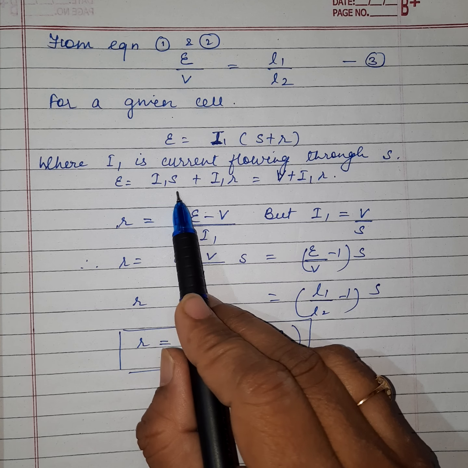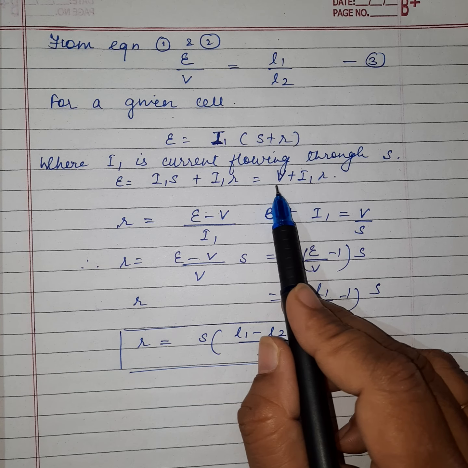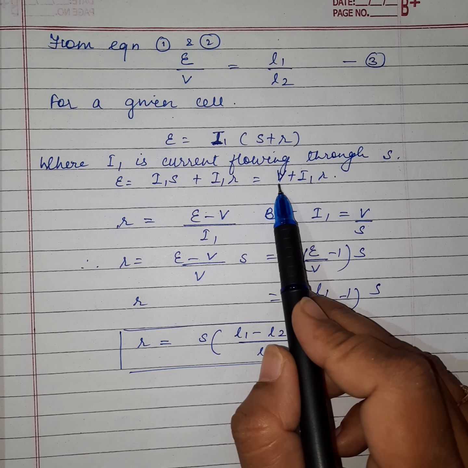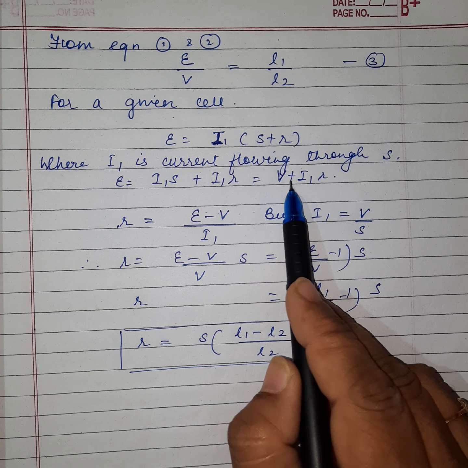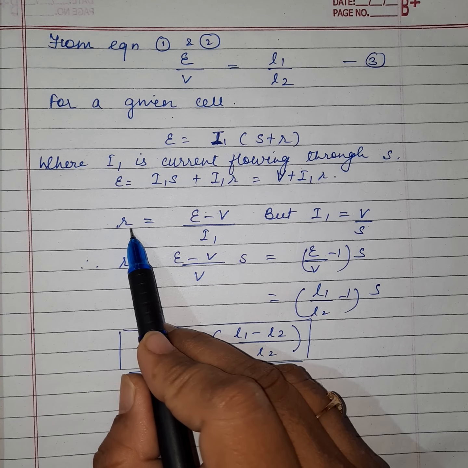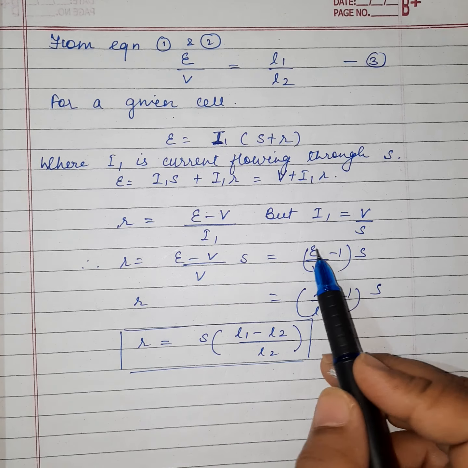I1 into S is the terminal potential difference of this cell. So we write epsilon equals V plus I1 into r, or r equals epsilon minus V upon I1.